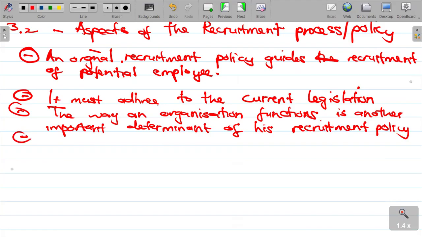And also, Solomon must include that the policy must spell out who is responsible for the recruitment process.